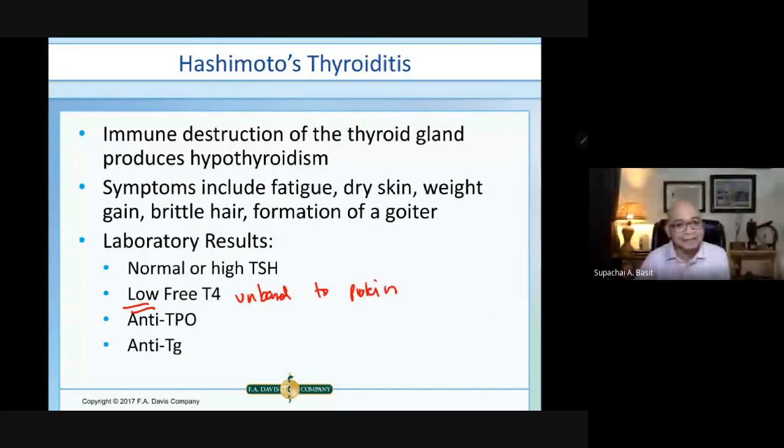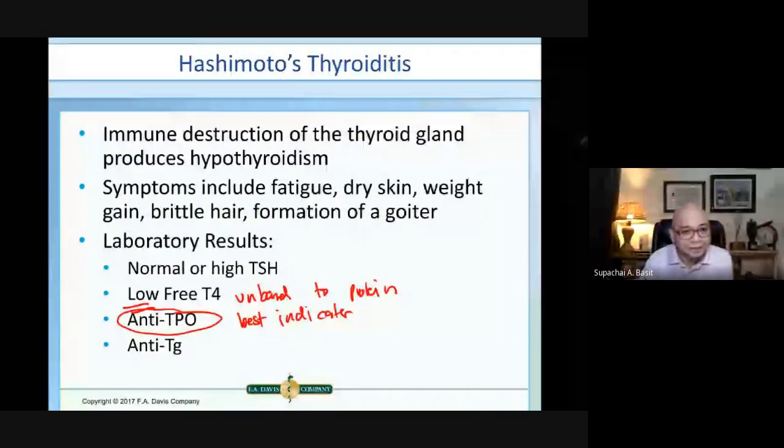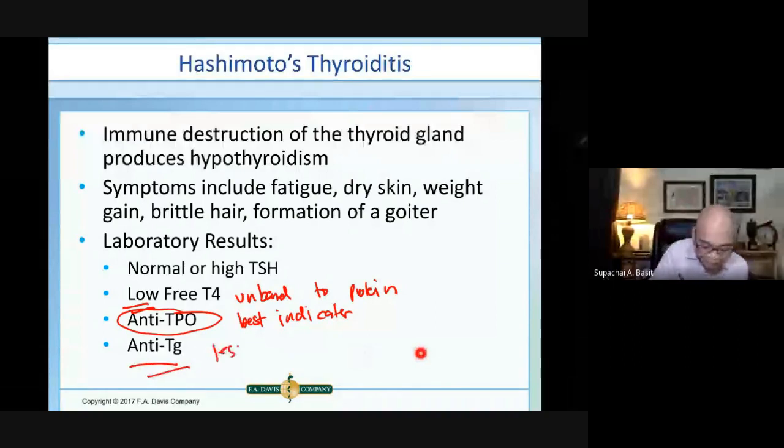Anti-TPO is the best indicator. Remember, this one is the best indicator for Hashimoto's thyroiditis. Then anti-TG can also be used, but it is less sensitive.